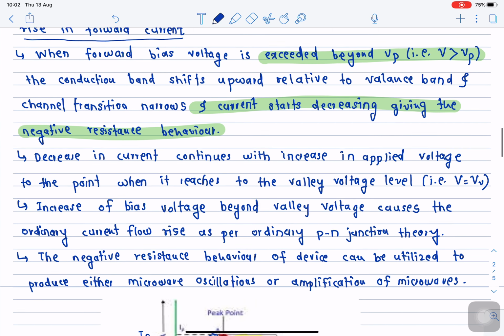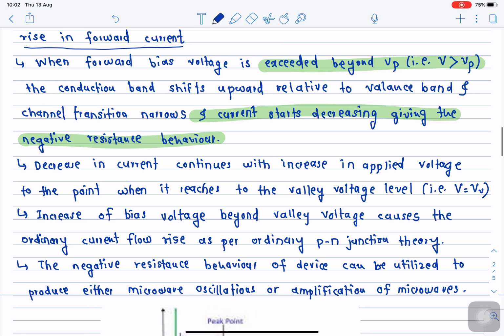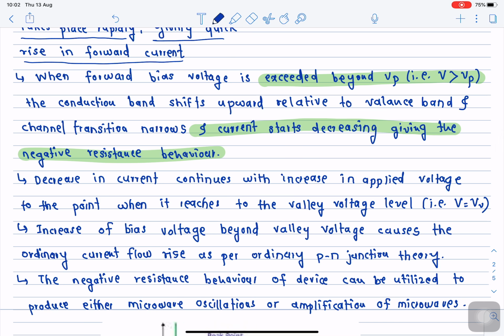Right, so next what we do is we go on increasing the forward bias voltage. Now when we increase the forward bias voltage such that it exceeds the peak voltage, when the applied voltage is greater than the peak voltage, then the conduction band is going to shift upwards with respect to the valence band, and thus the channel for transition is going to become narrow.